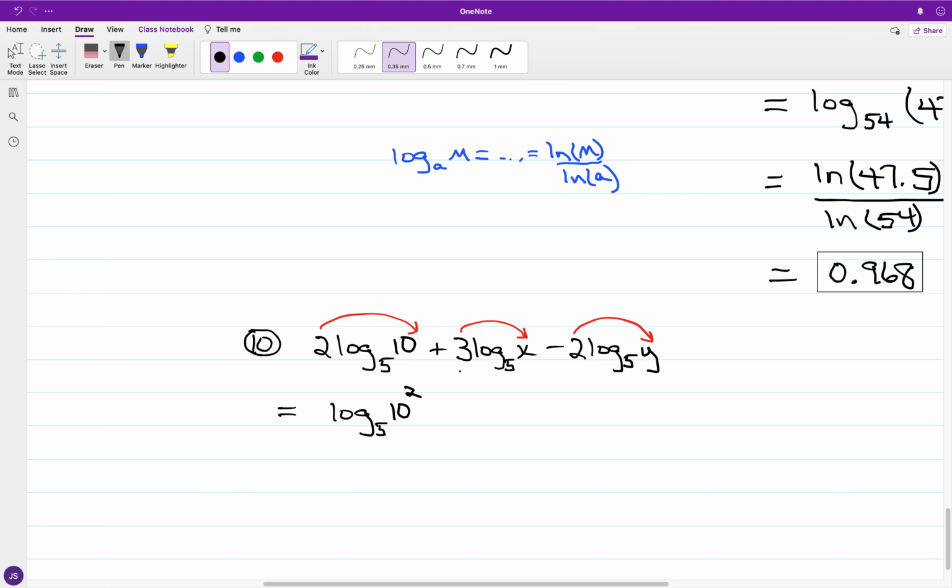So you had the base 5 logarithm of 10 squared plus the base 5 logarithm of x cubed. You have minus the base 5 logarithm of y squared.